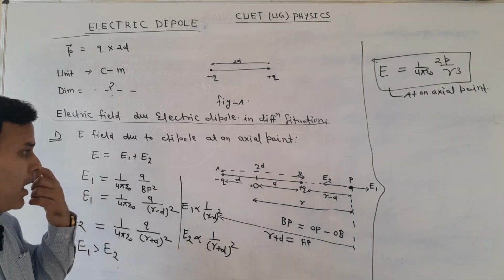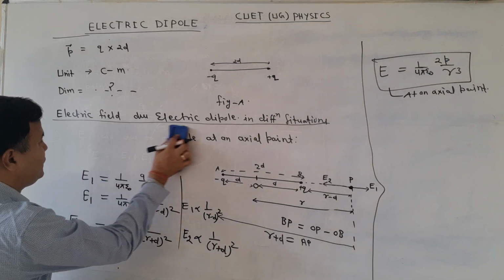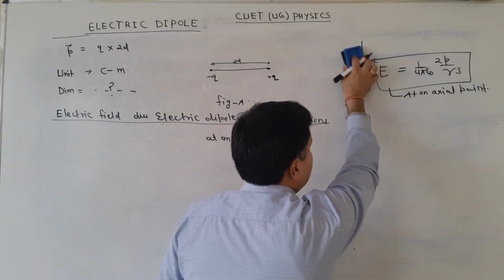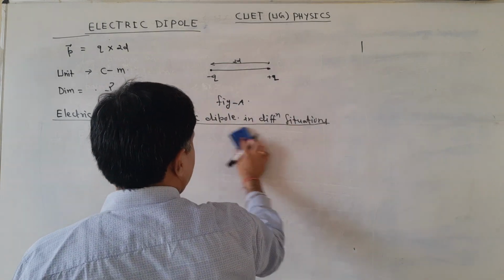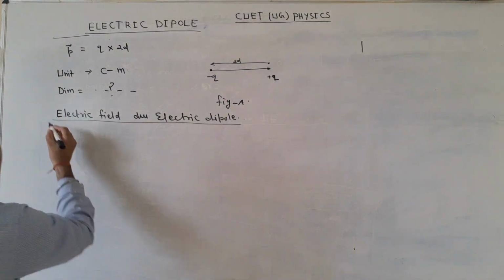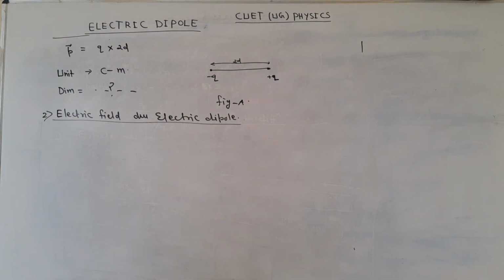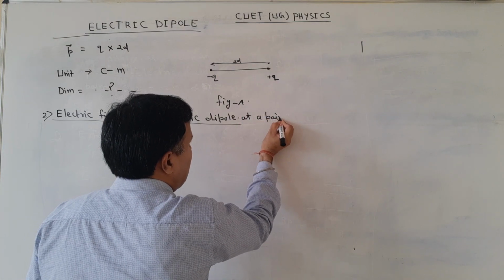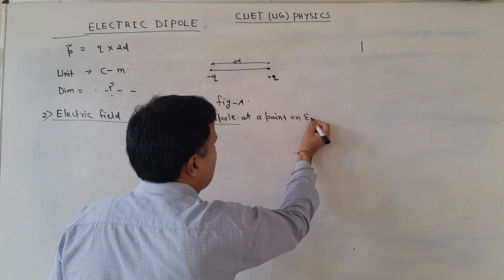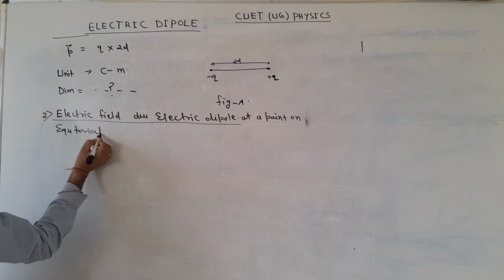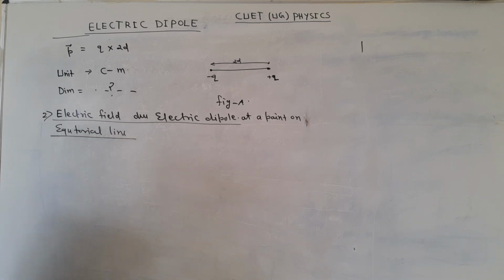Electric field due to a dipole at an equatorial line. Second, we have electric field due to an electric dipole at a point on equatorial line. So what is equatorial line?